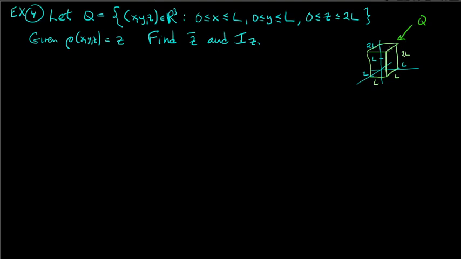It's just a rectangular box, where the height is twice the length and width. So the length and the width are both L, and then the height is 2 times L. L is just some number, the length of the base here. So that's the solid region.